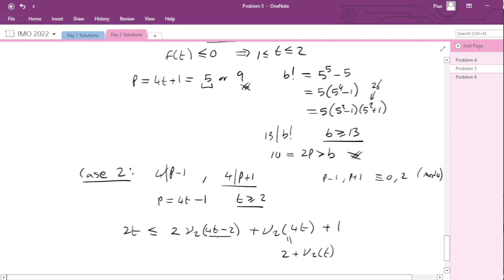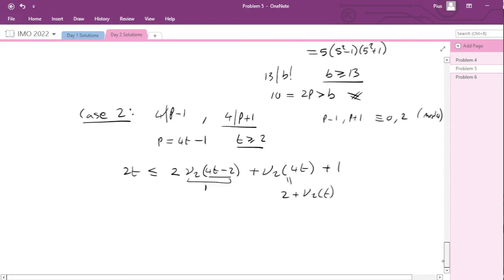This 4 doesn't divide, but it's an even number, so we get power of 1 here. So ultimately, this minus 5 minus 4 is less than or equal to this.